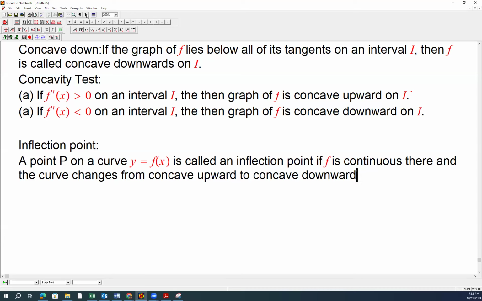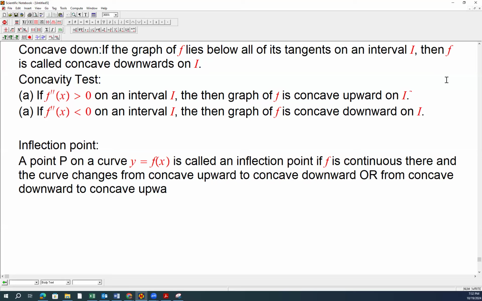It either changes from concave upward to concave downward, or from concave downward to concave upward.